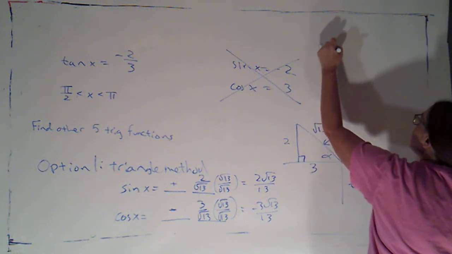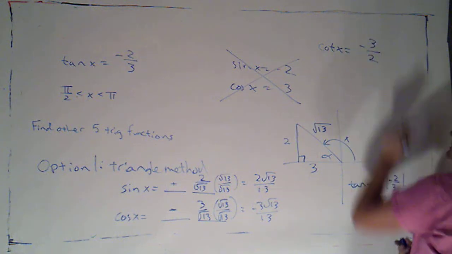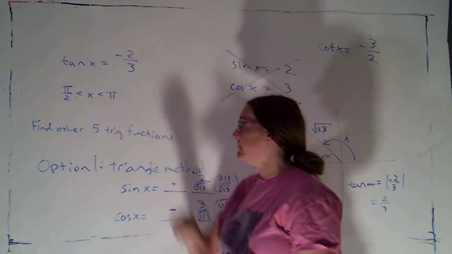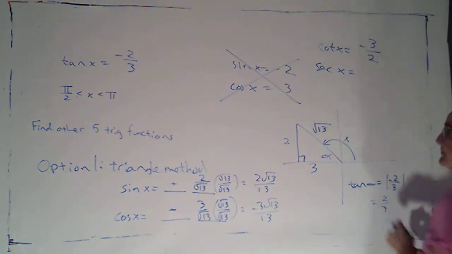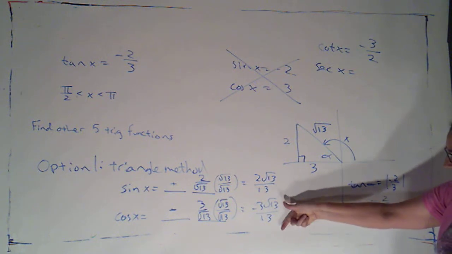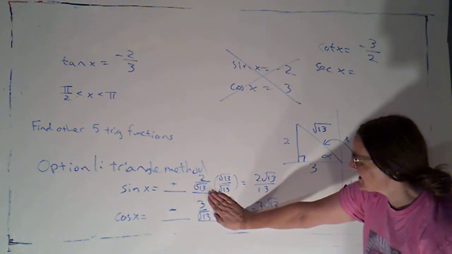So cotangent of x is the reciprocal of tangent, so that's going to be negative 3/2. Don't forget, if you take the reciprocal of a negative, it's still negative. Okay. Secant of x, that's the reciprocal of cosine. Now, rather than taking the reciprocal of this version, I'm going to remember that it was originally this with the root 13 in the denominator.